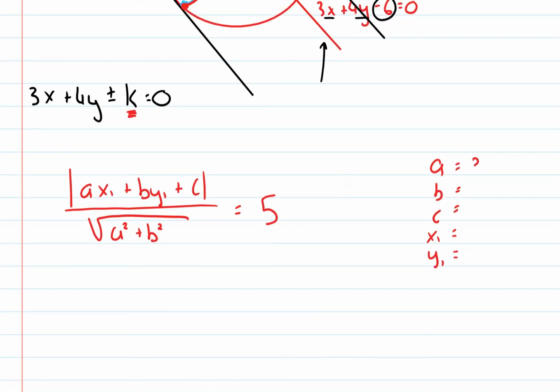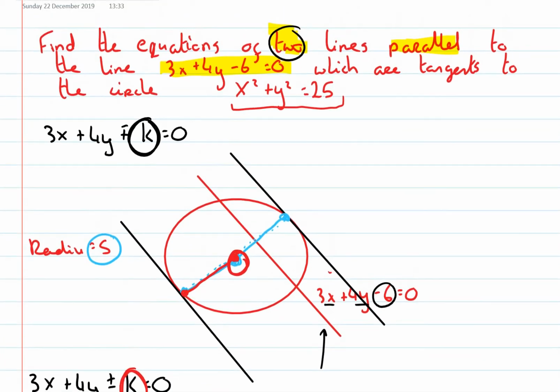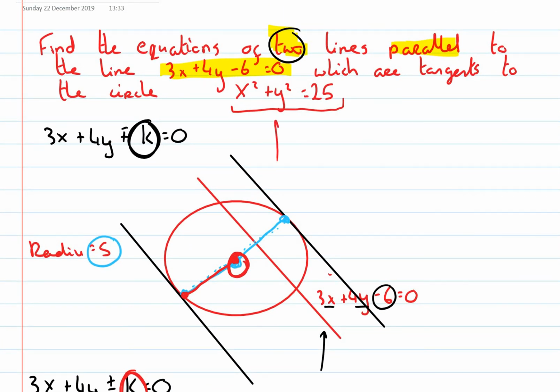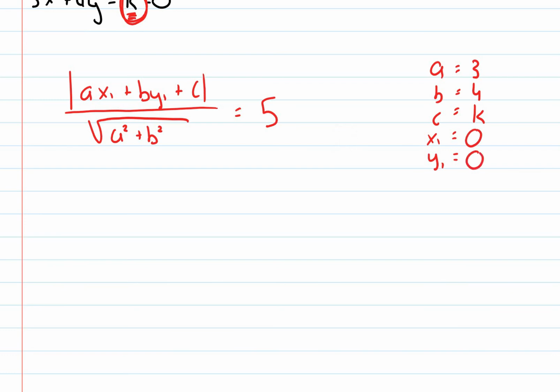Our a is 3, our b is 4, our c, now remember we don't know what it is, that's what we're trying to find, so we just say k. And our x1, y1 is the centre of our circle. Have a look up here: x squared plus y squared equals 25, that's centre 0, 0. So it will be 0, 0. If that wasn't a circle with centre 0, 0, we would have different numbers in this, which wouldn't make any difference.